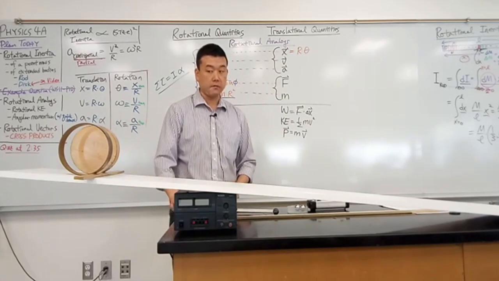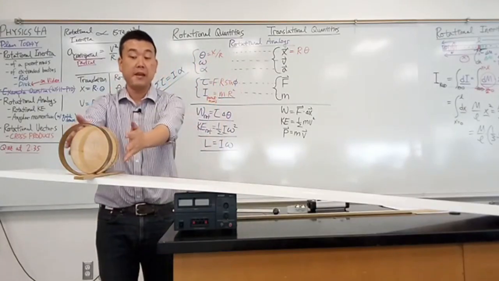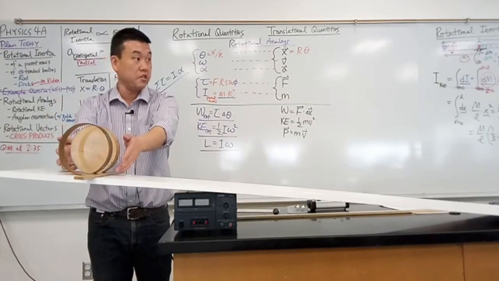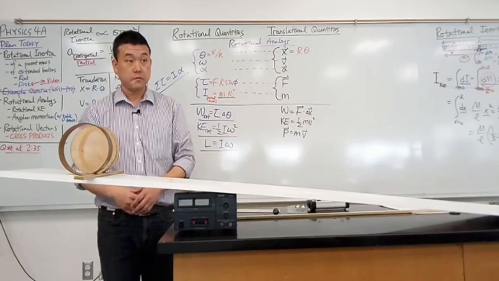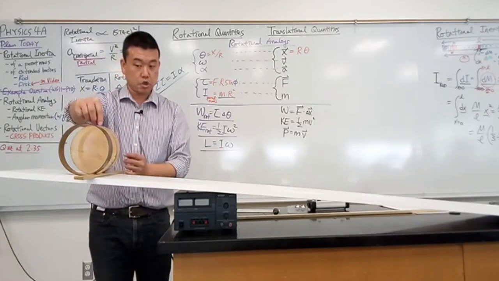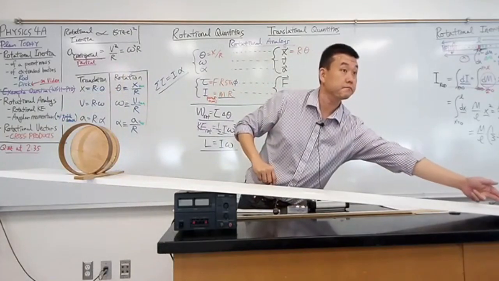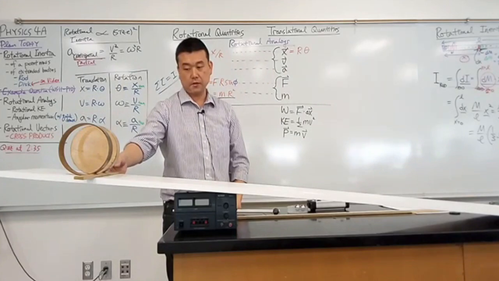Yeah, because it has to waste less energy, it has to put less into the rotational form. More of its total initial energy can go to translational kinetic energy. So that's the argument we are making: the disk should have greater speed by the time it reaches the bottom. Let's try it and see. I'll do it a few times. So let them roll down.